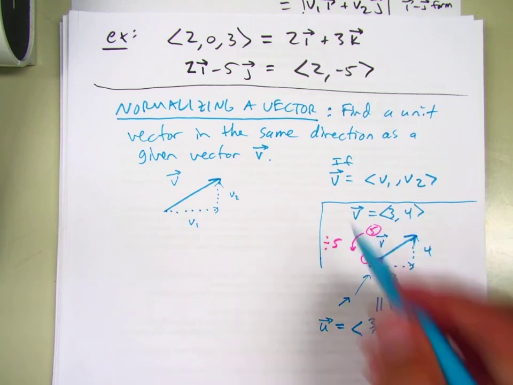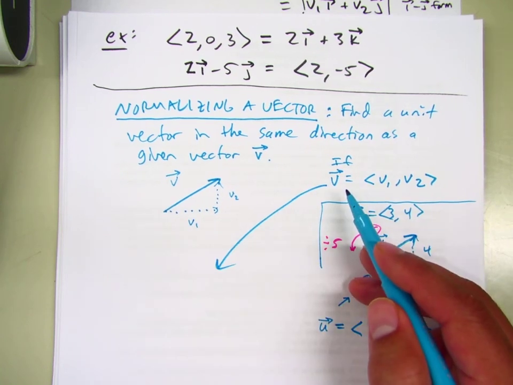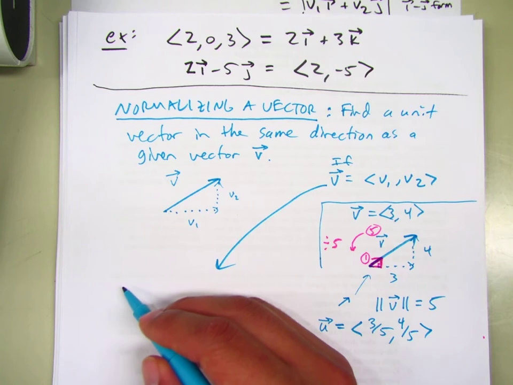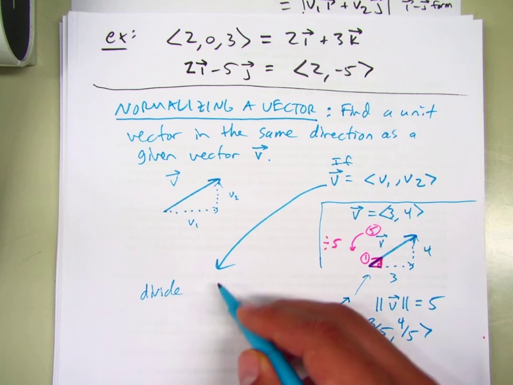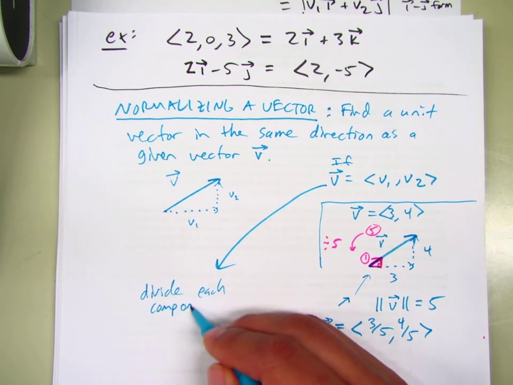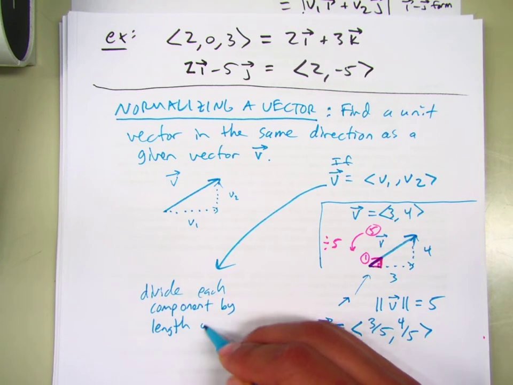So in general, if we have a vector v with v1 and v2 as its components, to normalize a vector, you could just argue that you divide each component by the length of v.